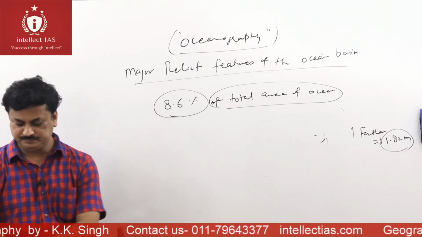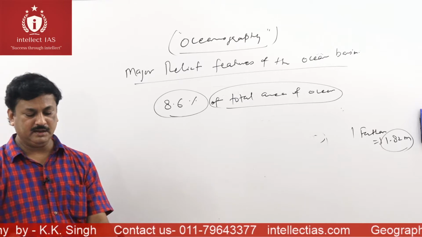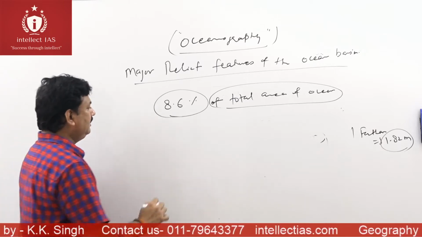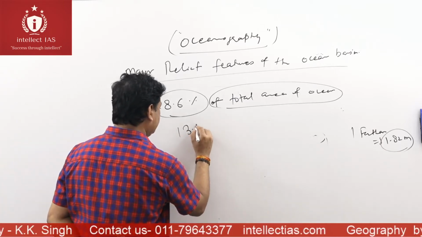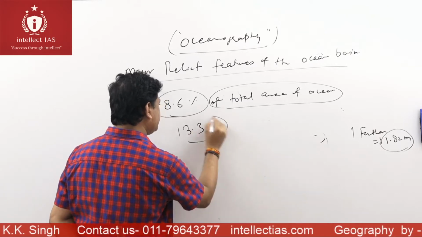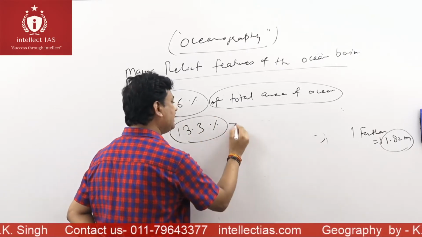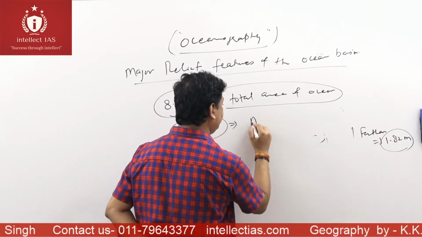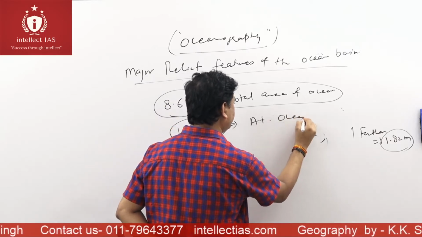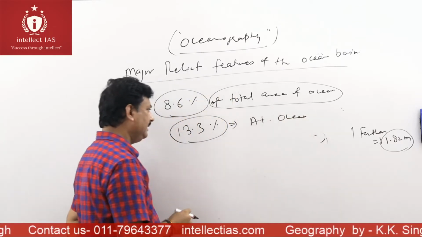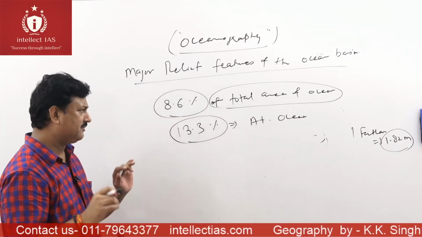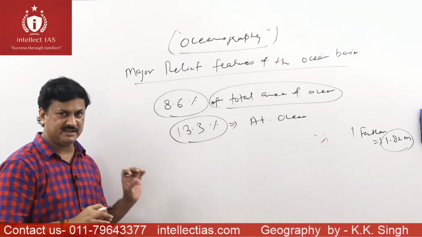For example, in the Atlantic Ocean, 13.3% of total area of Atlantic Ocean is under continental shelf.